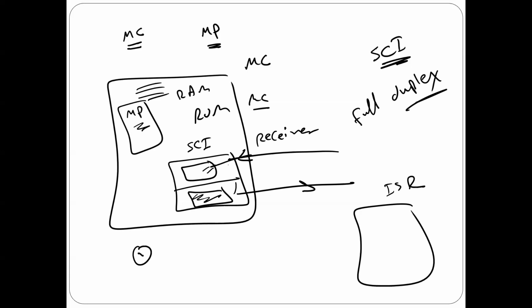Empty means you already finished the previous transmission, and now it is ready to receive another value. Once you make sure it's empty, all you have to do is write one value to this register. That's it.